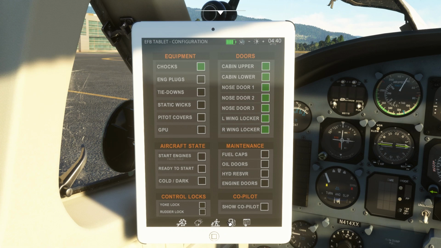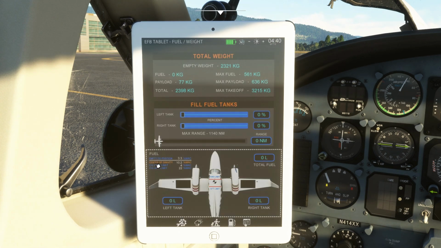Now first and foremost, let's put the fuel in. We're at 0, and we need, for this flight with all our alternate, by the way, will be at Munich International, so Echo Delta Delta Mike.